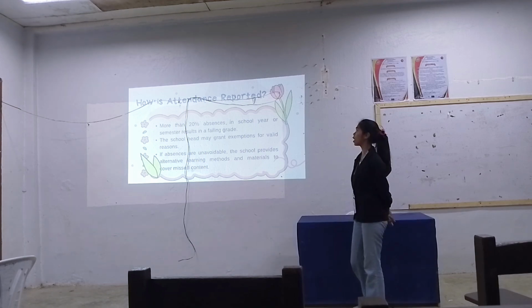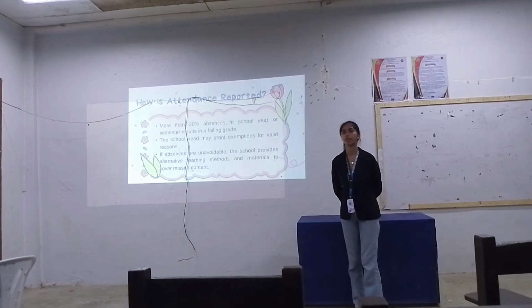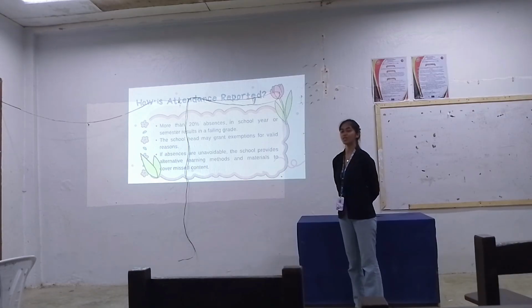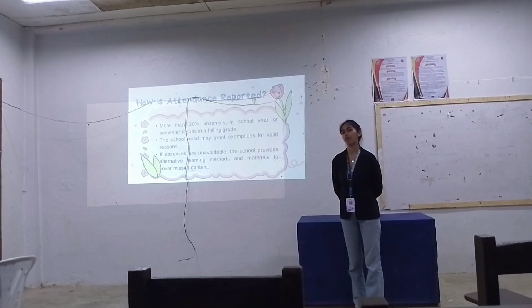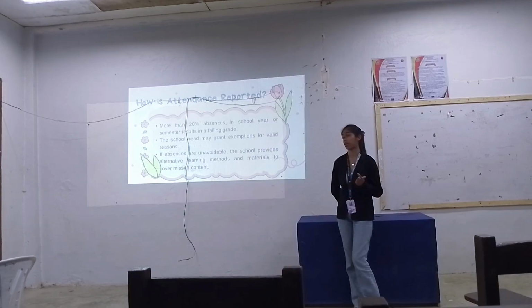Next, the school head may grant exemptions for valid reasons, for example if there are emergencies at home or somewhere else. The reasons must be clear and valid, and you must submit excuse letters.